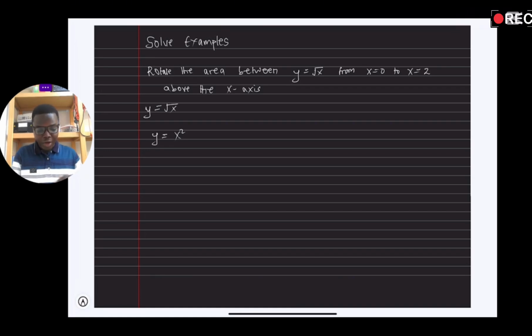In that case, it is a minimum graph which will have a shape something like this. And assuming that we have the coefficient of x squared to be negative, you know that we have a maximum graph, which is going to have a shape like this.